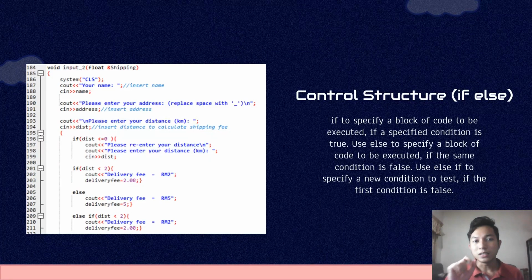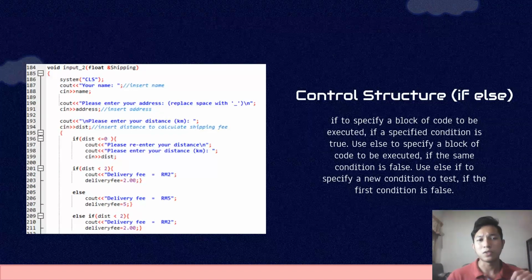This conditional statement works when used: if, to specify a block of code to be executed if a specified condition is true. Use else to specify a block of code to be executed if the same condition is false. Use else if to specify a new condition to test if the first condition is false.